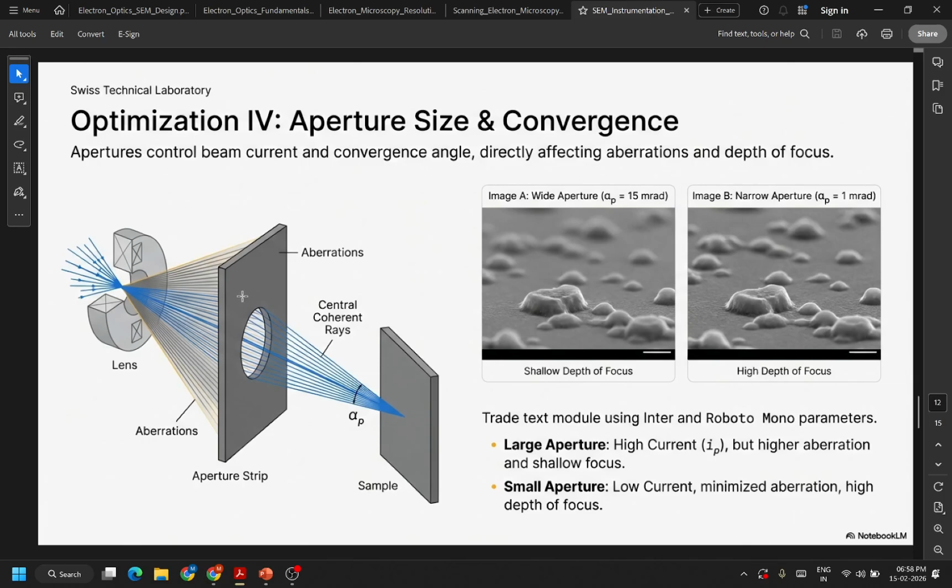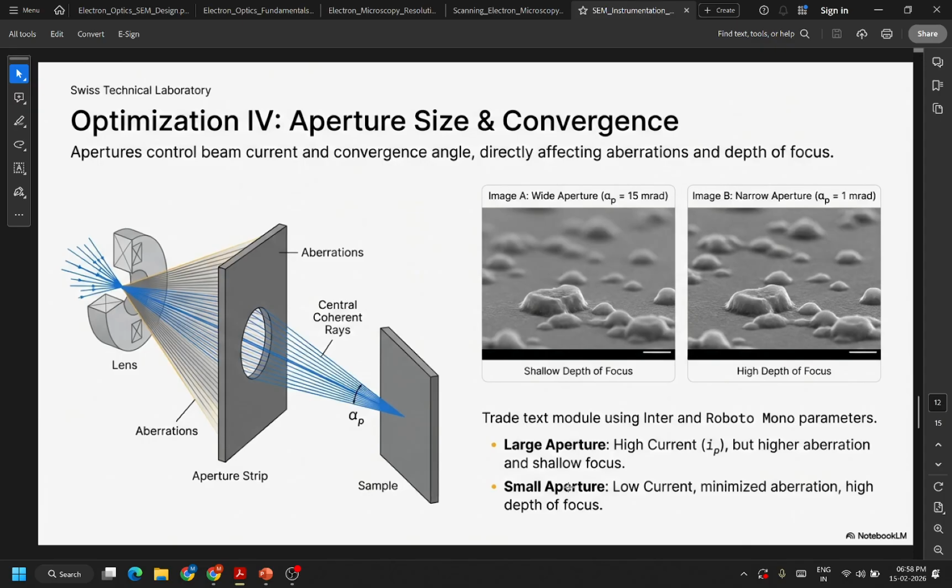Next will be your aperture size and convergence. If you have a larger aperture, you will be able to have higher currents, but the larger aperture will also allow for more uncorrected beam to go in, so the aberrations will be higher, and you will get a shallower depth of focus due to larger alpha.